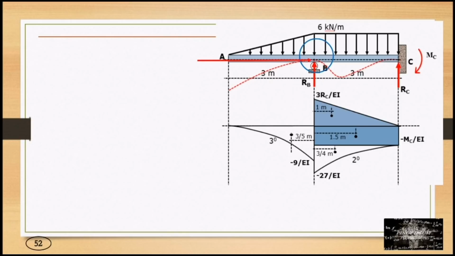So, the deviation of point B from the tangent drawn at point C, or TBC, is equal to 0.